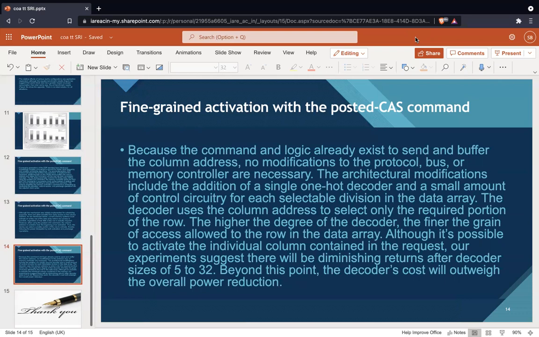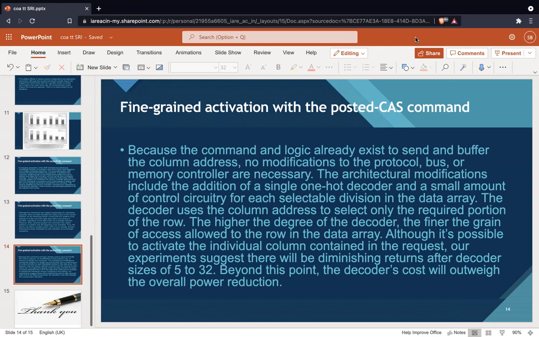The architecture modification includes the addition of a single one-hot decoder and a small amount of control circuitry for each selectable division in the data array. The decoder uses the column address to select only the required portion of the row. The higher the degree of the decoder, the finer the grain of access allowed to the row in the data array.